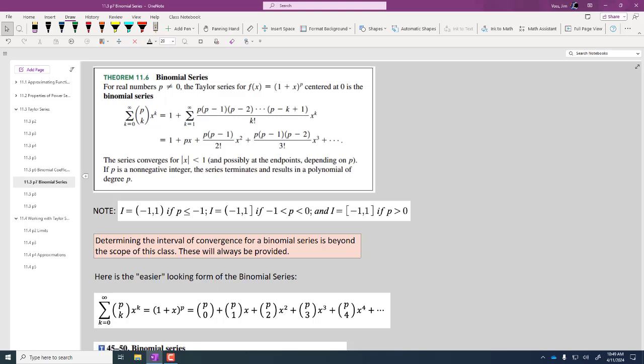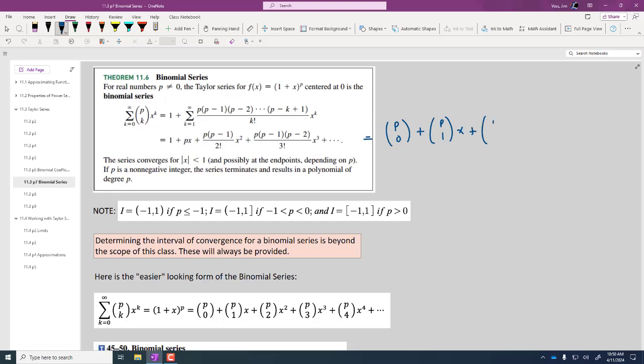So, again, these are really hard to write out. Here's how I would write it out, if you were so inclined to write out an expansion. This, I would say, is the best way: P choose 0 plus P choose 1 times x.